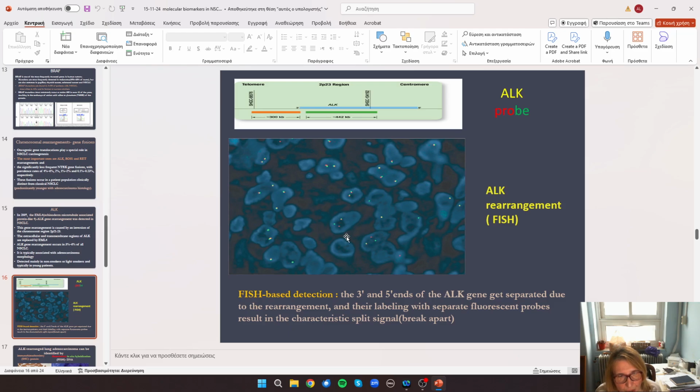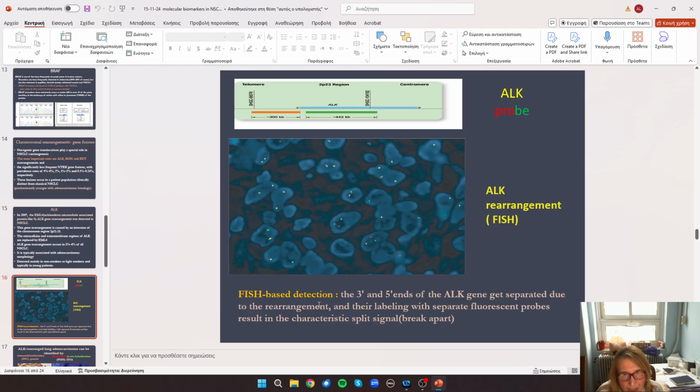So in this nucleus, we can see a normal gene, where the two colors are together, and a gene that has rearranged, where the two colors, green and orange, are separate, giving this specific pattern that is called break apart or split signal.